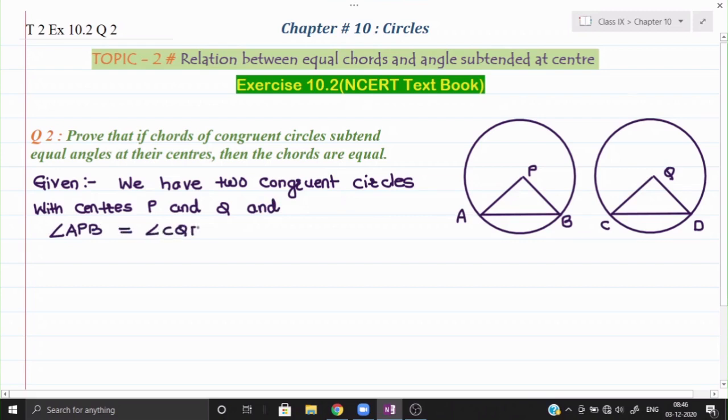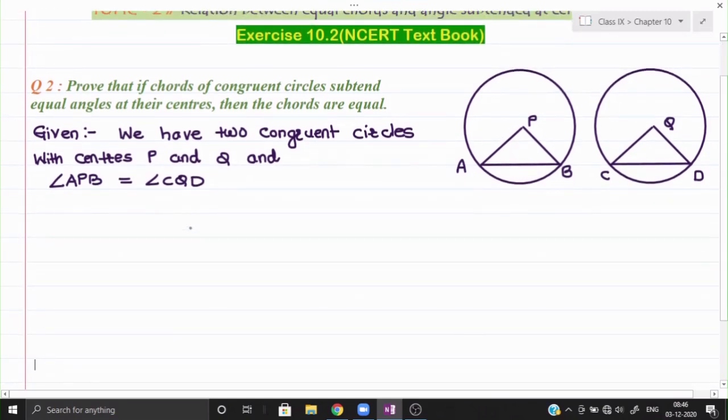They are making the equal angle at the center. Now write down to prove. We need to prove here that the chords are equal. To prove: AB is equal to CD.